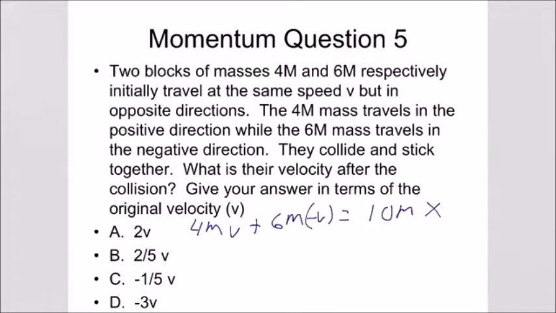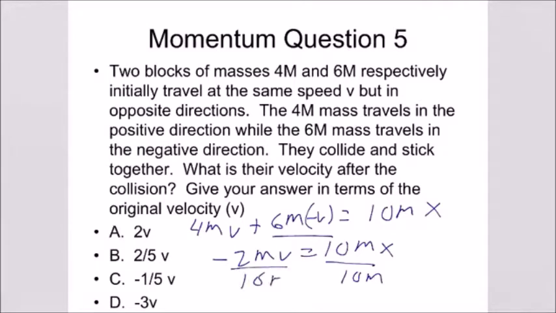So let's simplify. Over here on the left we have 4mv plus, this is going to end up being negative 6mv. So when we combine those, on the left we get negative 2m times v equals 10m times x. We want to divide both sides by 10m. Notice the m's cancel.